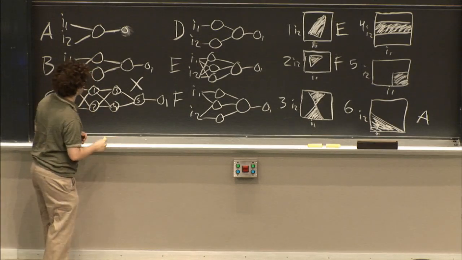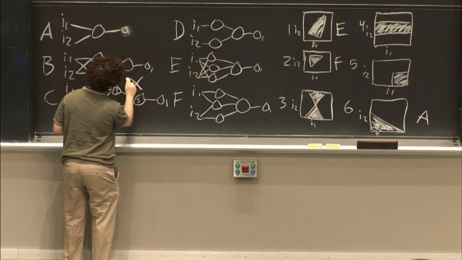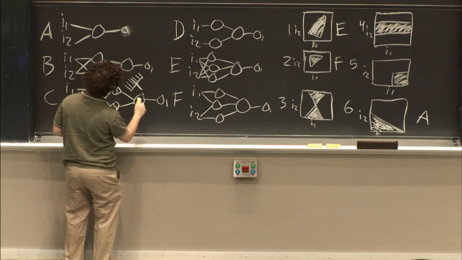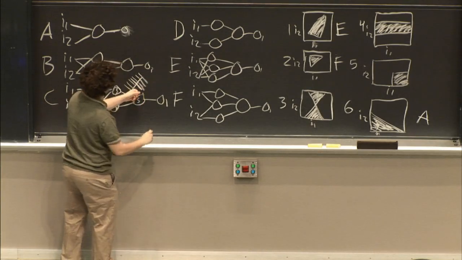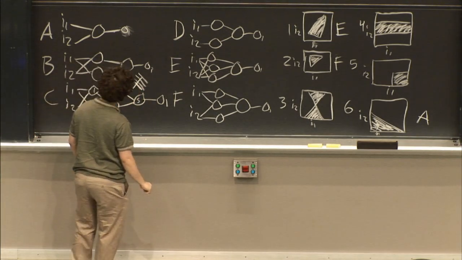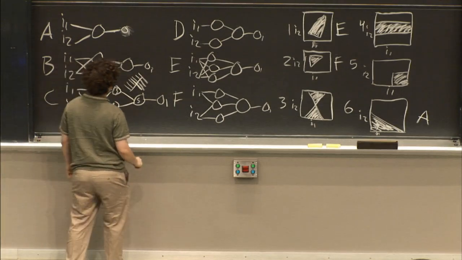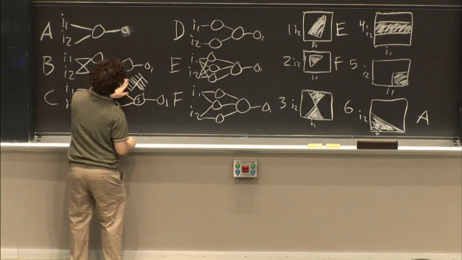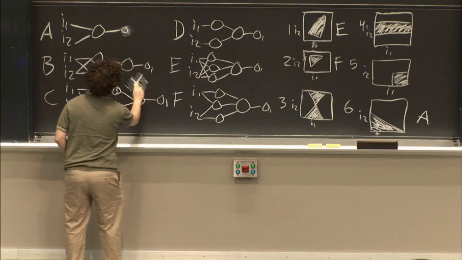Node 3 could give value to everything that is up here. Actually, node 3 could give value to everything except for this bottom part. And then node 4 could give value to, say, oh no, doesn't do it yet. But there's a few different ways to do it if you played around.